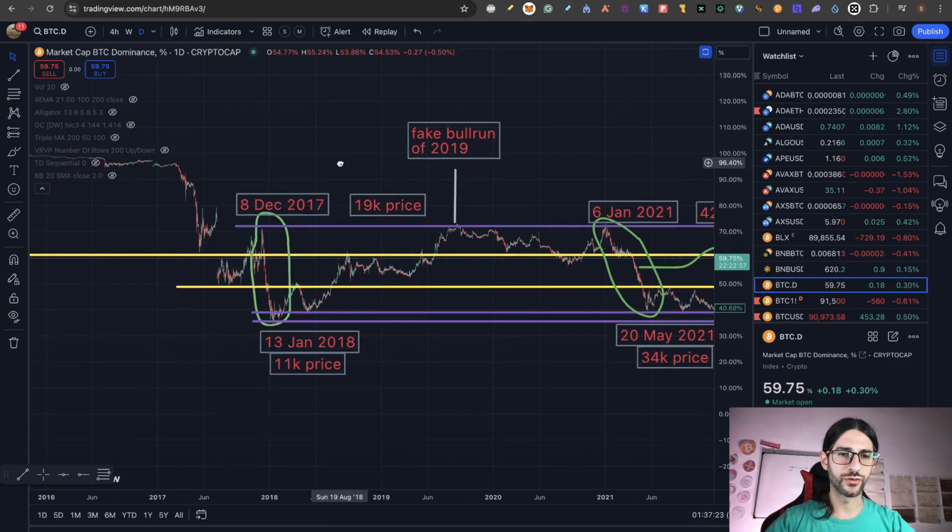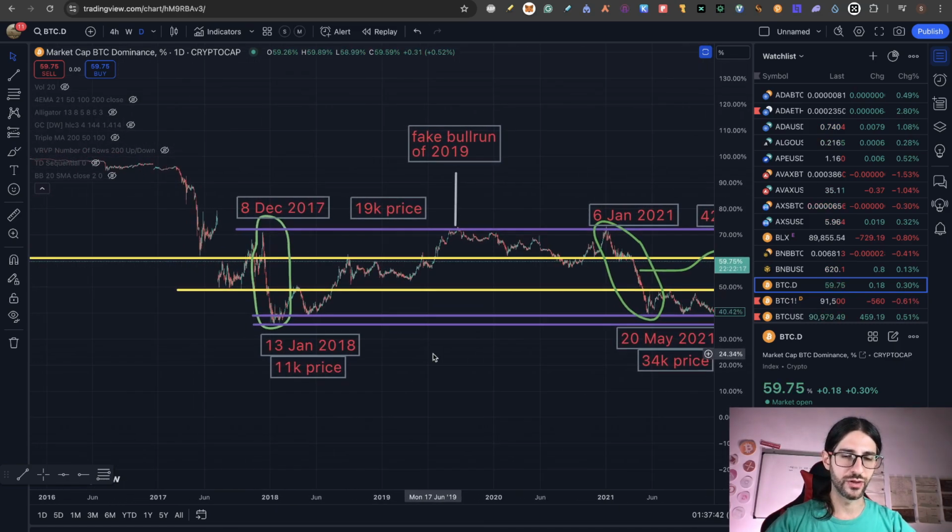Starting in 2017, you can see that the Bitcoin dominance from around 70% fell very quickly into this lower band, below 40%, around 35% of dominance. During this time is what we call the altcoin season.